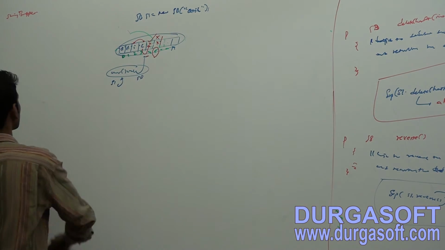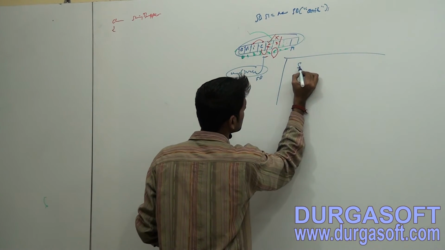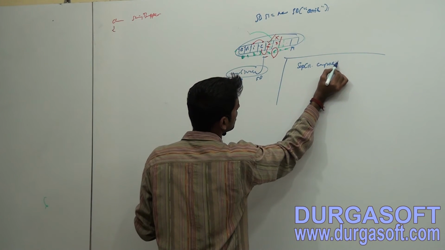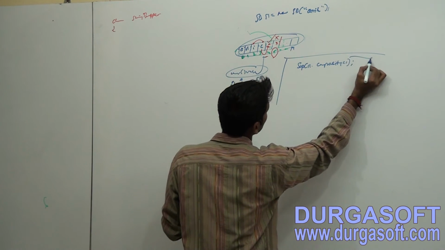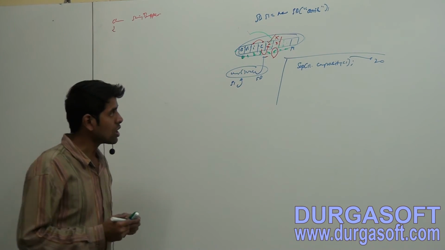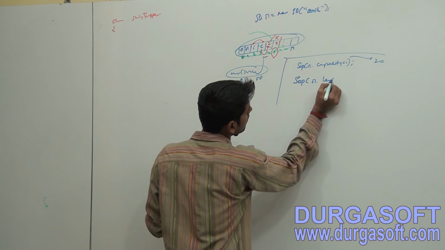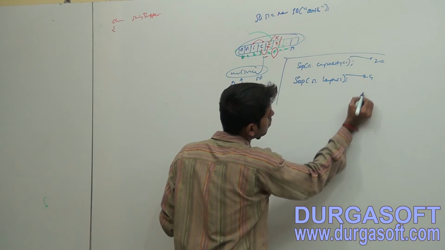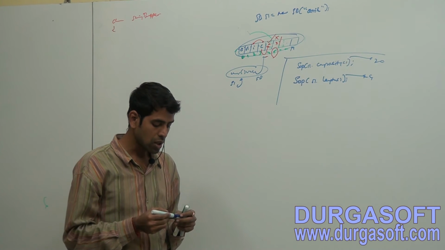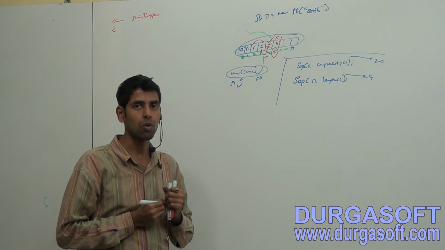If I use SOP of S1 dot capacity, what will be the output? 20 is the output. Now if I use length, what is the output? Just 4. 16 blocks are going to get wasted here. So what do I want to do?